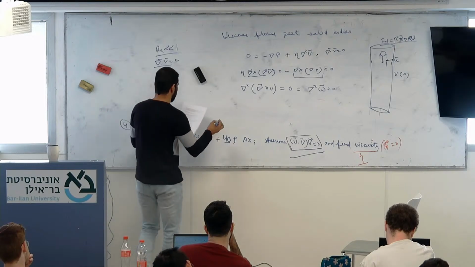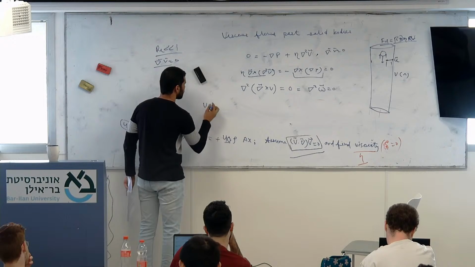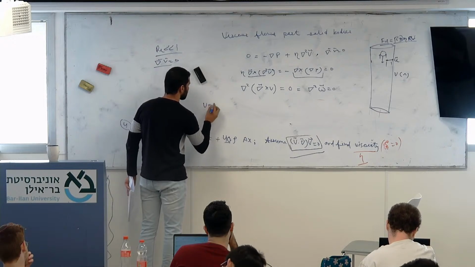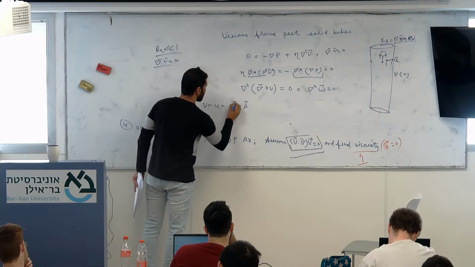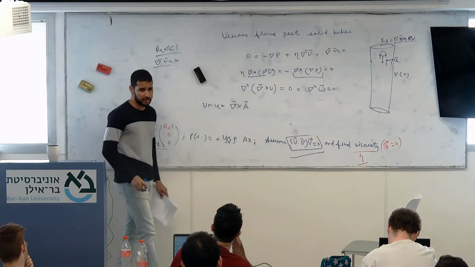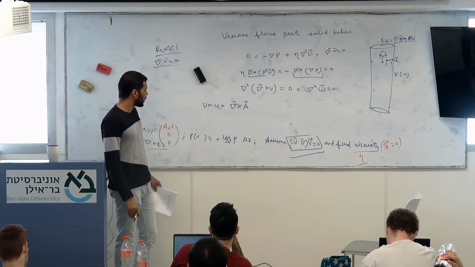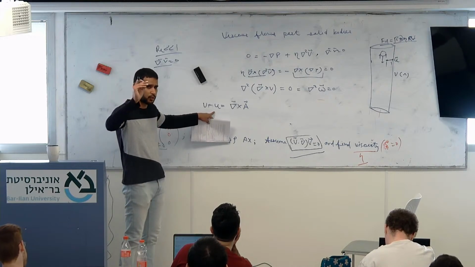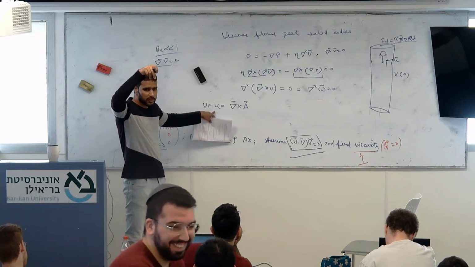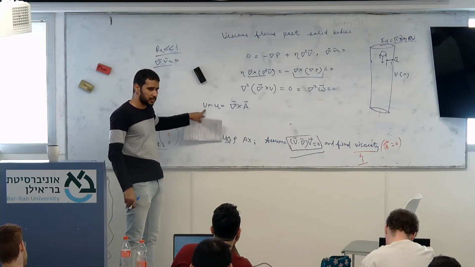So we define v like this. We define a vector potential A. U is a constant speed at infinity as seen from the ball. And v is changing.